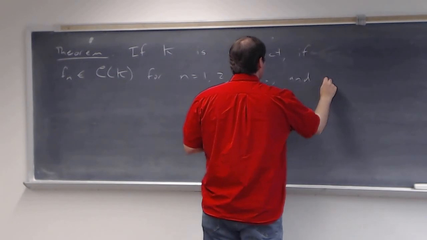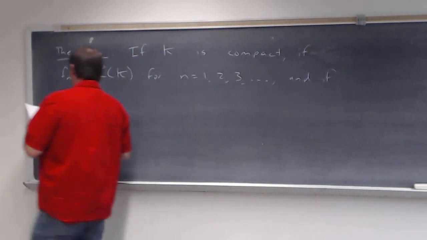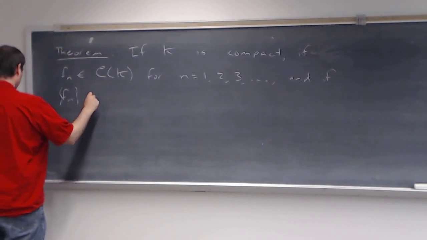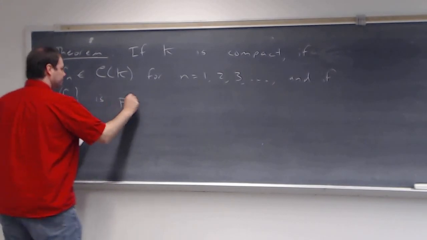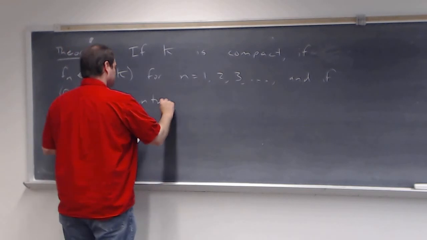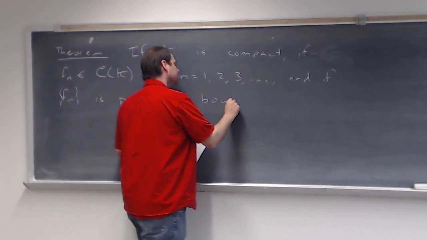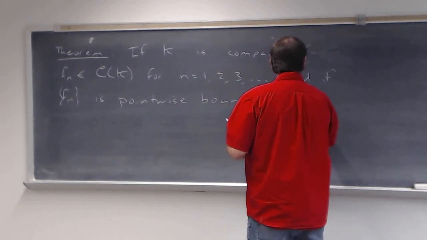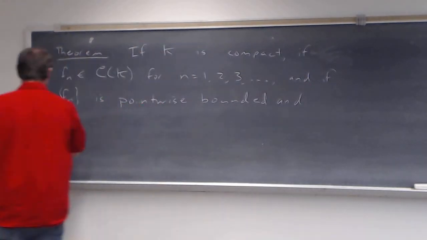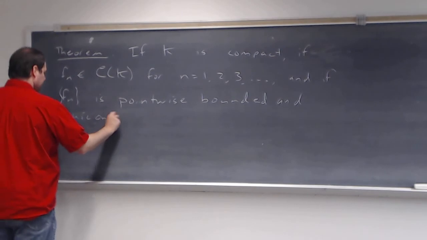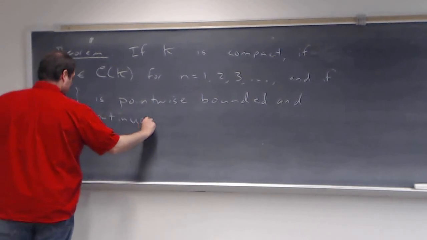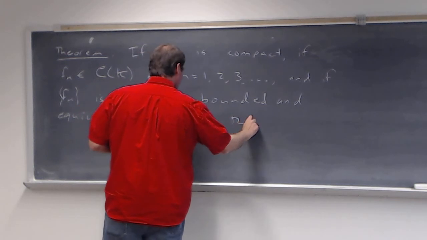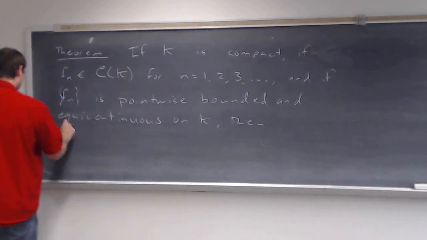And if f_n is pointwise bounded and equicontinuous on K, then part B was, and this is what we're interested in proving, that.